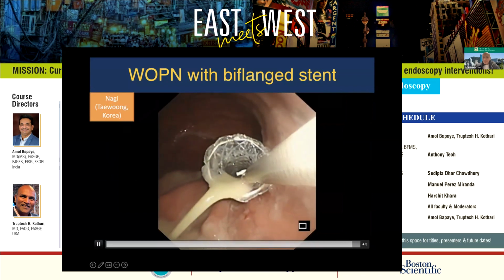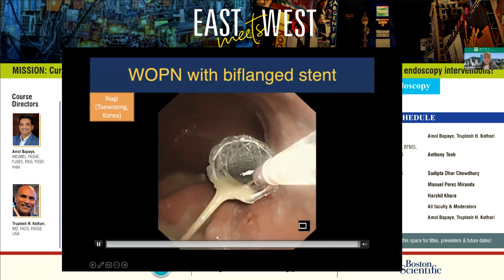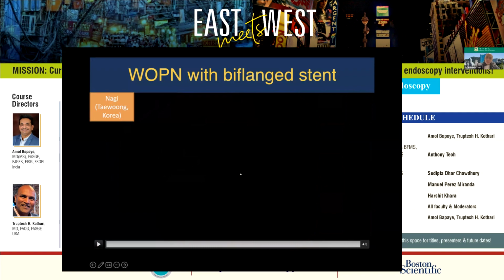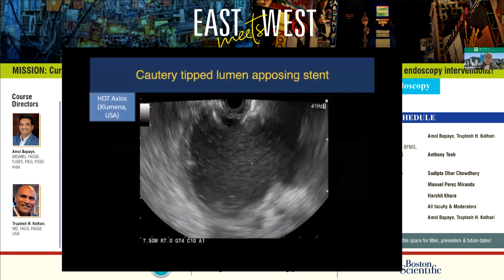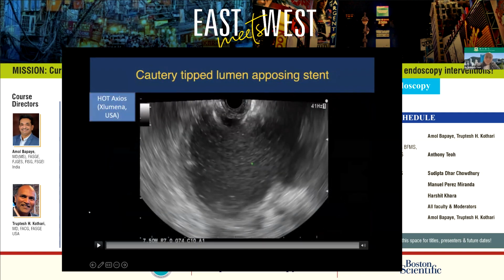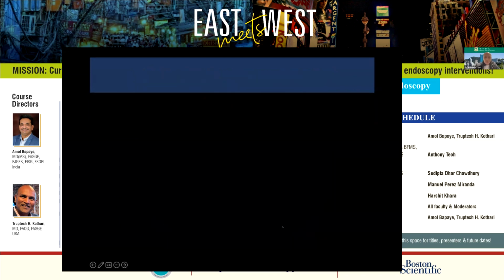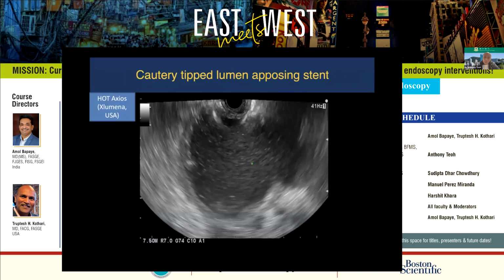But as you can see, the flange is just flared, but does not provide lumen opposition. For the hot axials, we've seen these videos multiple times, so I'm just not going to show this one. So that completes my introduction for LAMS.